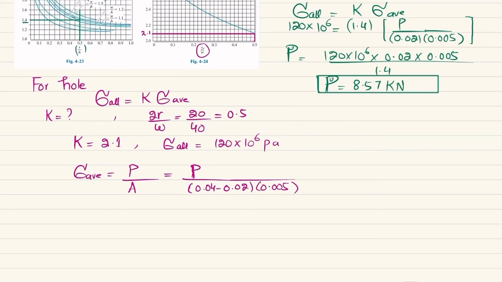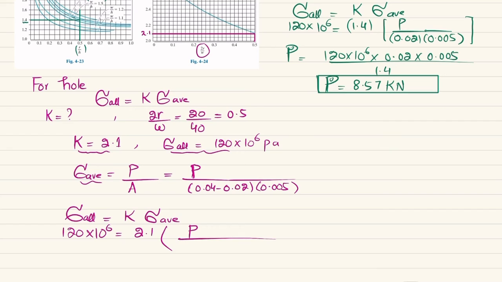So you can see you have the value of K, allowable stress, and average stress. Just put it in the formula: allowable stress is equal to stress concentration factor into sigma average. So 120 into 10 raised to the power 6 is equal to 2.1 multiplied by P divided by (0.04 minus 0.02) into 0.005.